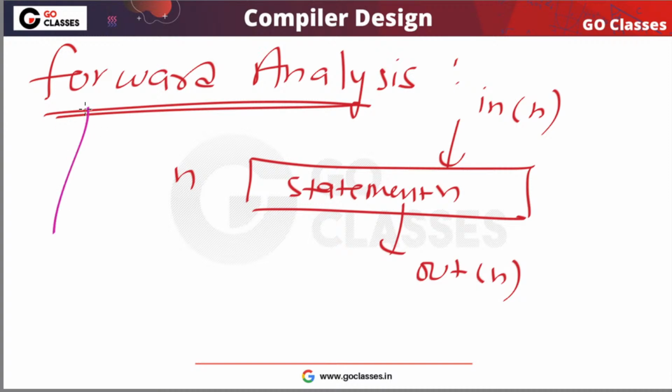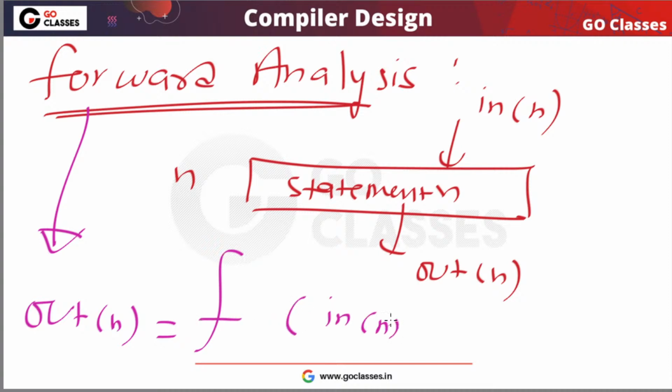Forward analysis means that out of n is written as a function of in of n.